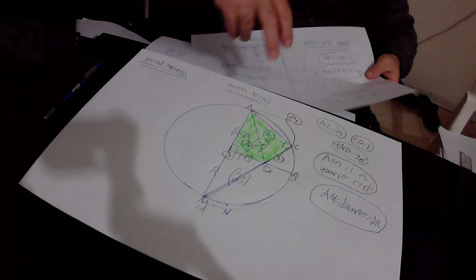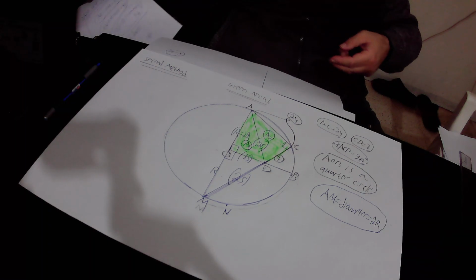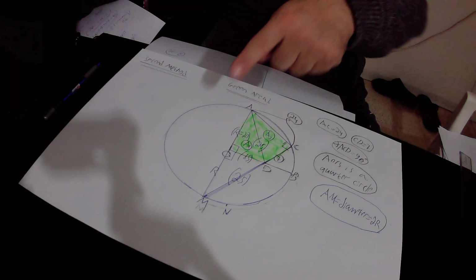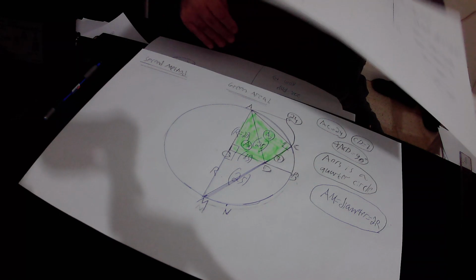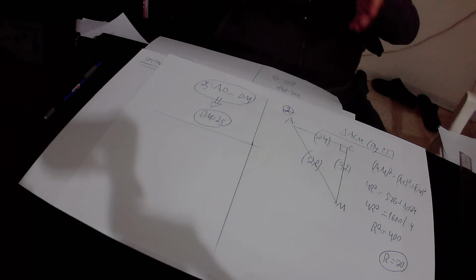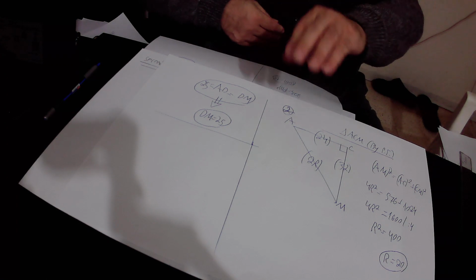And from the fact that those two triangles are congruent, we conclude that side AD in the green triangle equals side DM in the white triangle. Repeat again. Side AD in the green triangle equals side DM in the white triangle according to the rule that corresponding sides in congruent triangles are equal to each other.